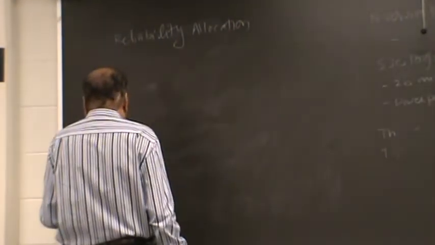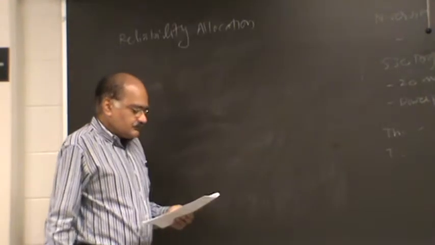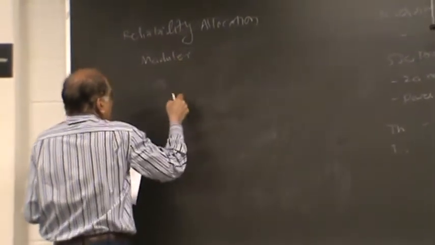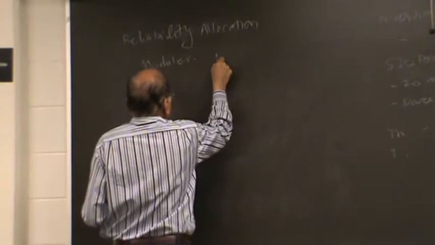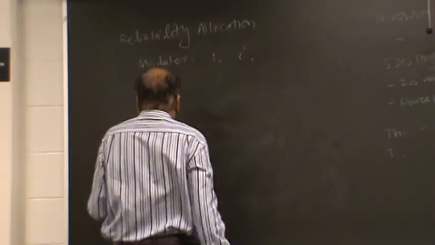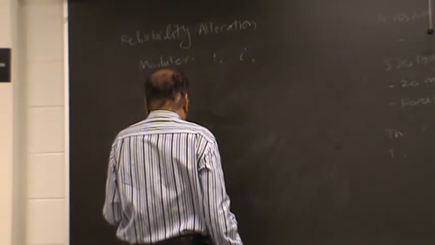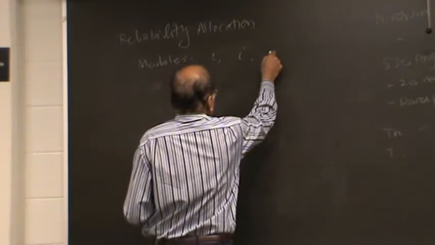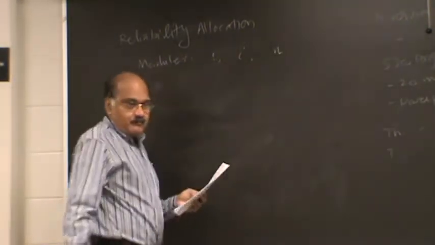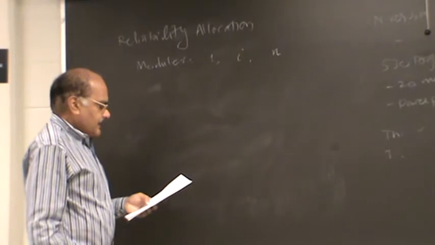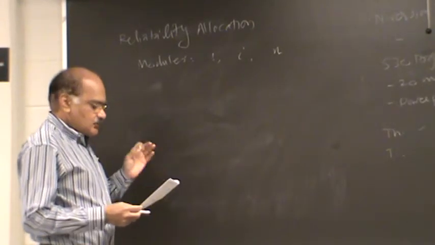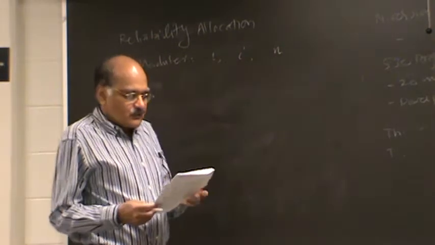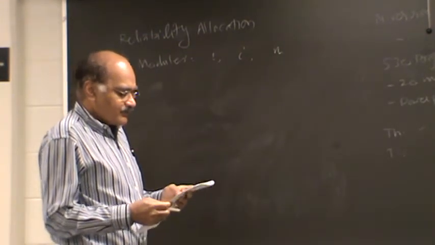So let's say we have a number of components. We have modules, and let us say we have n modules. Each of the modules has its own defect density and hence its own parameters.